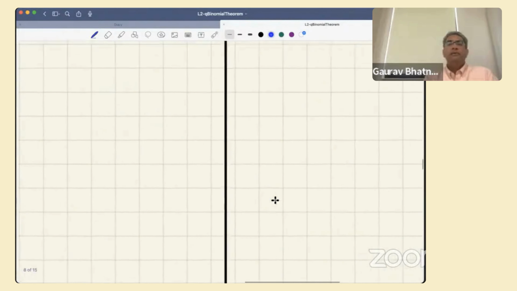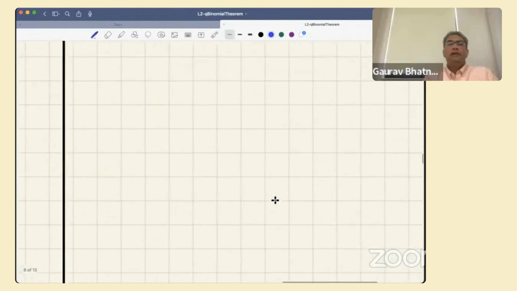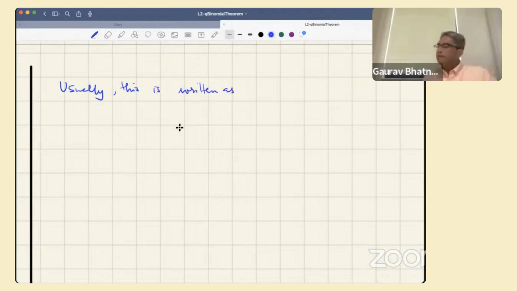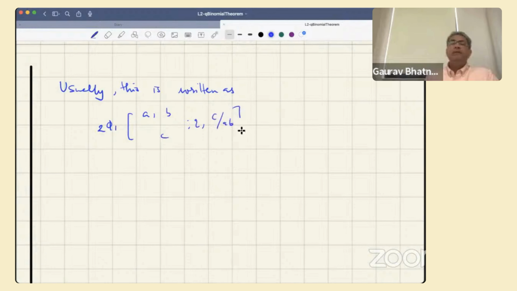So let me see how to write it usually. This is written as follows. So you write it as 2 phi 1, and we write a, b, c, q, and c over ab.